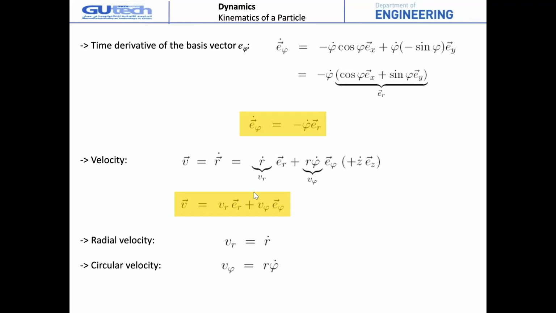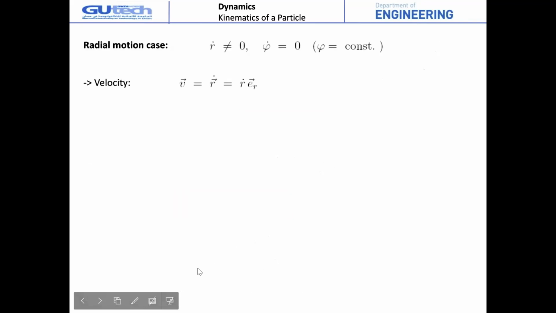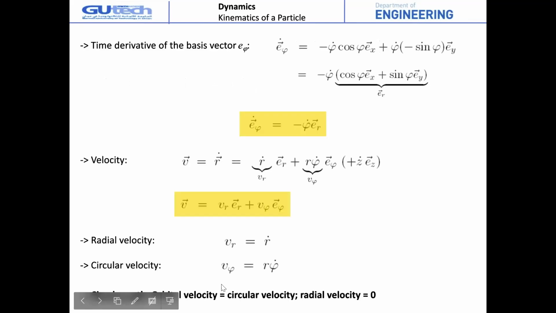The circular or circumferential velocity is r phi dot. For a circular path, for example, the velocity is equal to the orbital velocity, the circular velocity, and the radial velocity is equal to 0.